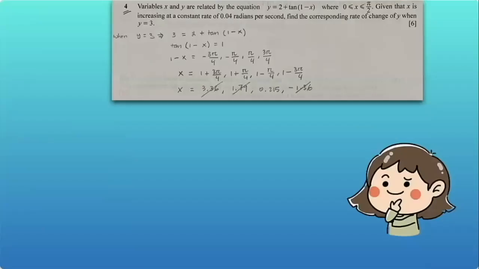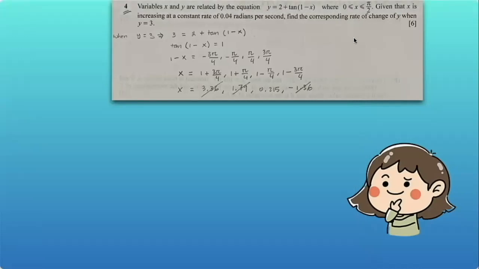Moving on to number 4. Variables x and y are related by the equation y = 2 + tan(1 - x), where 0 ≤ x ≤ π/2. So based on this, this must be in radians.